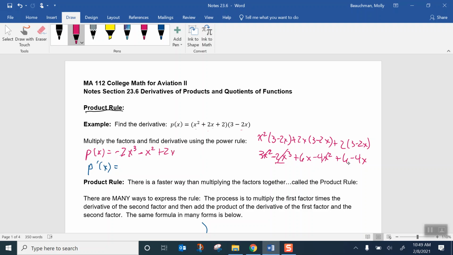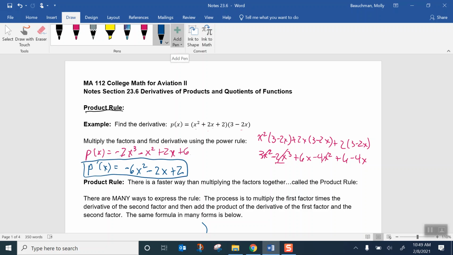And then a constant of plus 6. So now with the algebra work up front, it's written as a polynomial, and we can use the power rule. Our derivative of negative 2x cubed would be multiply 3 times negative 2. We get negative 6, subtract 1 from the power, x squared, minus 2x plus 2, and the derivative of 6 is 0. So one way to do these is to multiply up front.